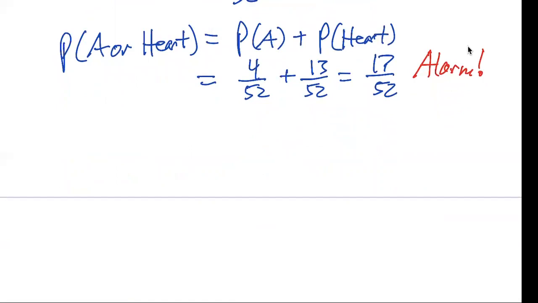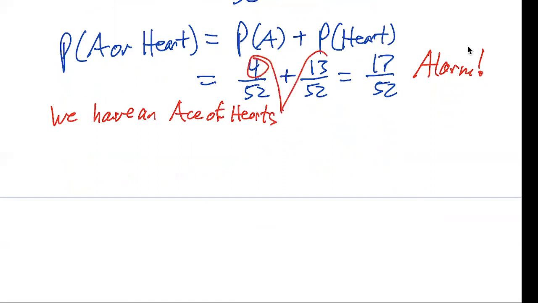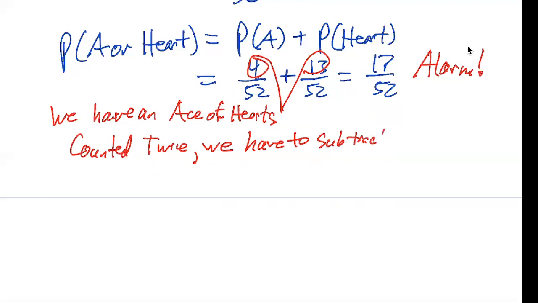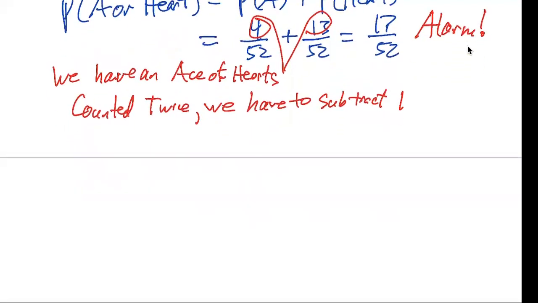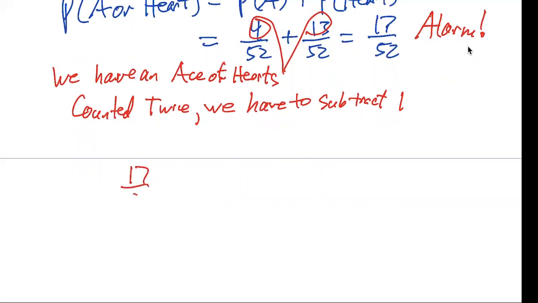Because something happened here. Because we have an ace of hearts. It got counted here and it got counted there. It got counted twice. We have to subtract 1. So we really have 17 over 52, subtract the 1 that got counted twice, we get 16 out of 52.